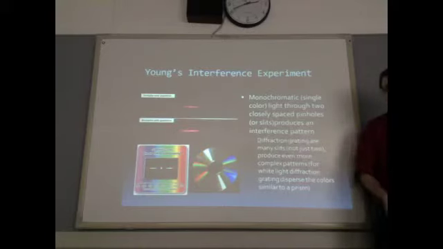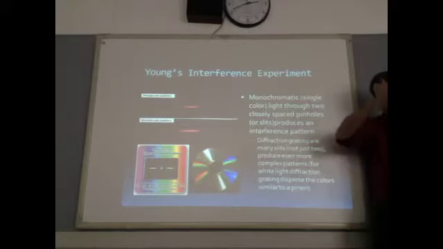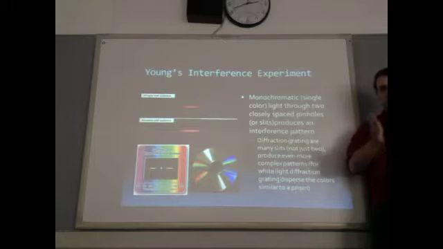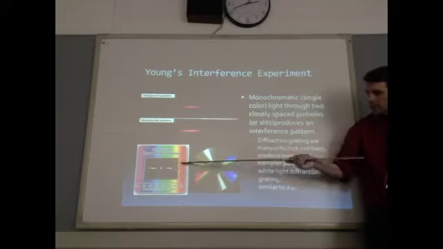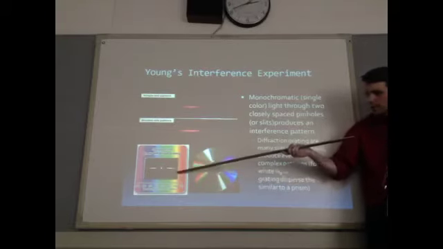There's also what's called a diffraction grating. It's a common device. It is many slits, lots of slits all put together, parallel to each other, very small. When you put light through a diffraction grating, it splits into a rainbow.